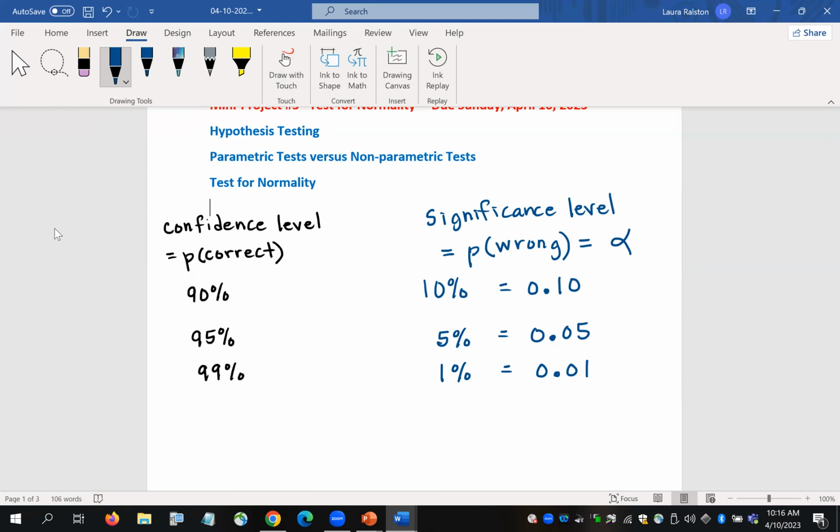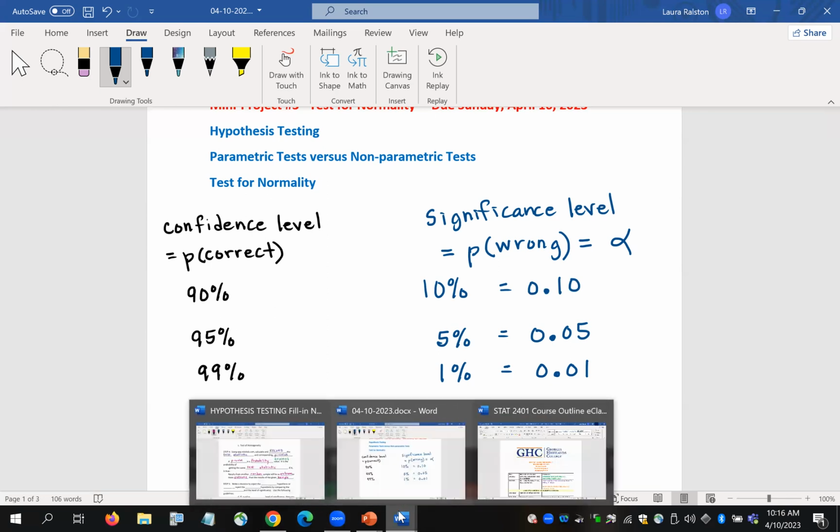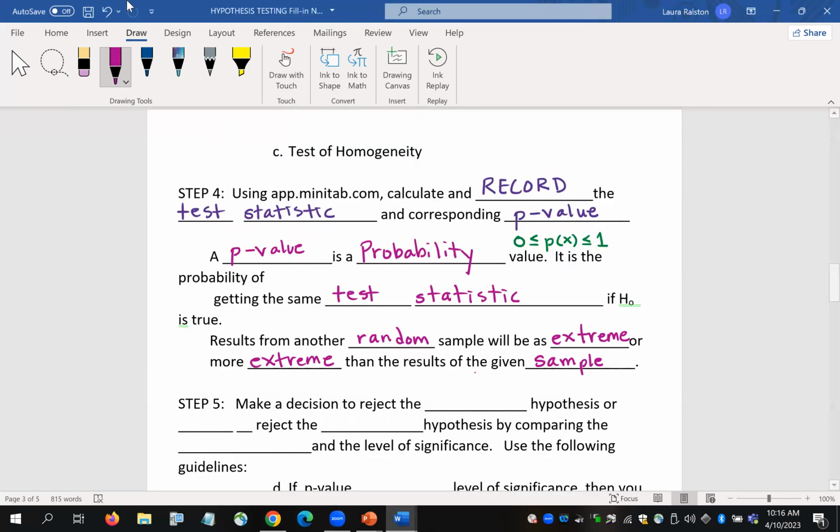And that's called the significance level. Again, you want that value to be low. Again, 1%, 5%, or 10%. I believe we talked about that before, but I wanted to remind you about it.